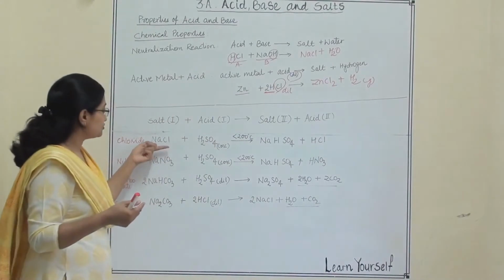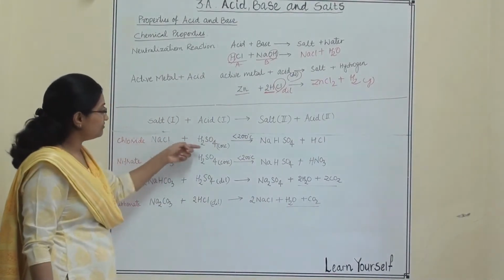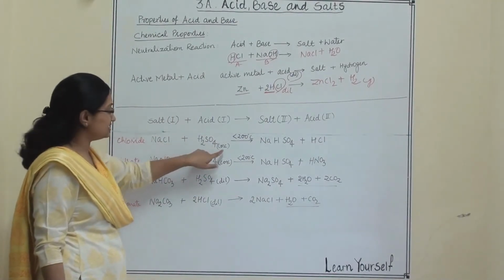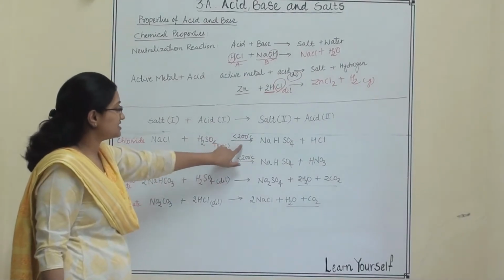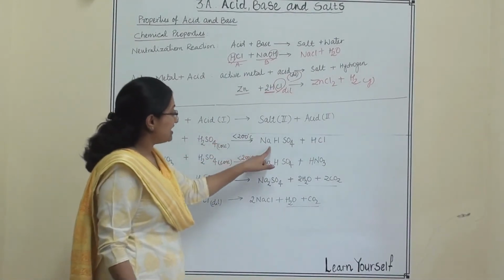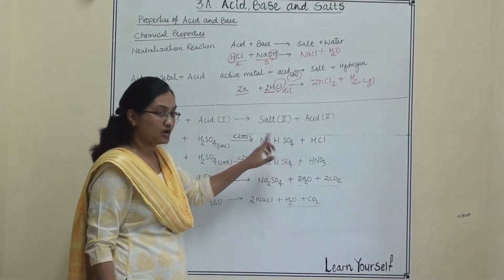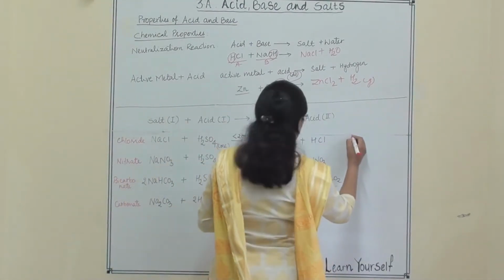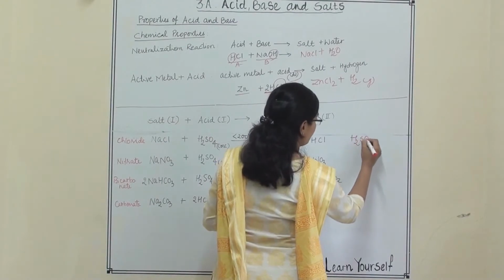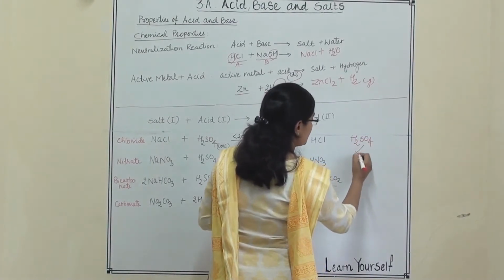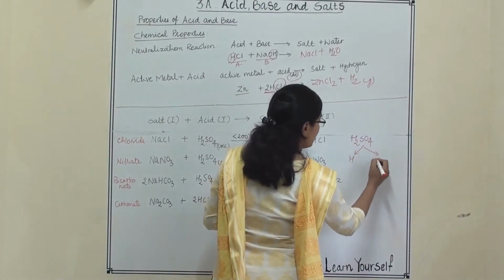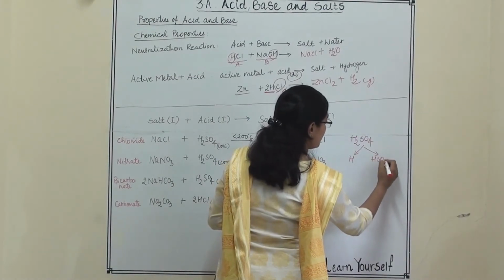Let us see first chloride. So sodium chloride, when it reacts with sulfuric acid, which is concentrated, in the presence of heat, then it gives us NaHSO4. How has this happened? From H2SO4, when it decomposes, it gives H plus and HSO4 minus.